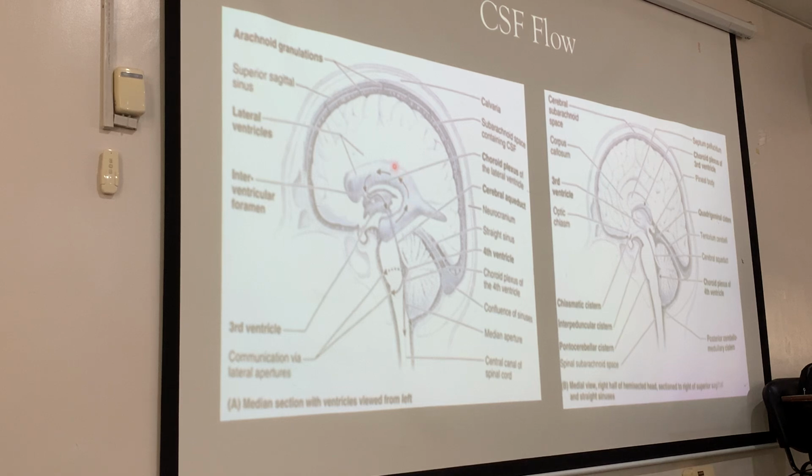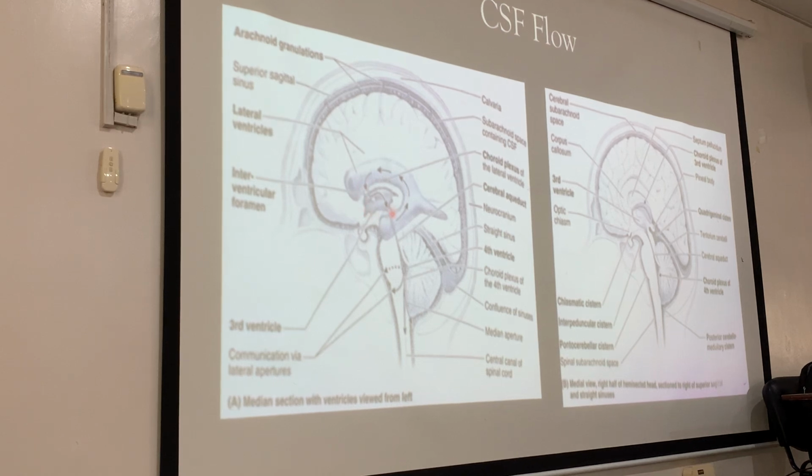CSF flows down into this interventricular foramen of Monro. So there is an interventricular foramen of Monro which transmits the CSF into the third ventricle.